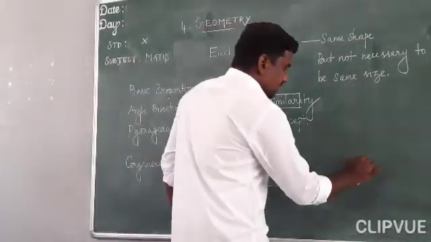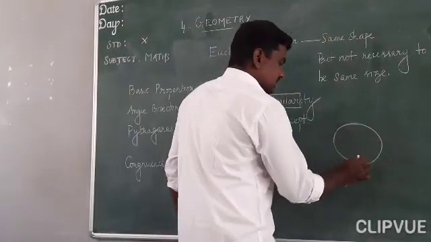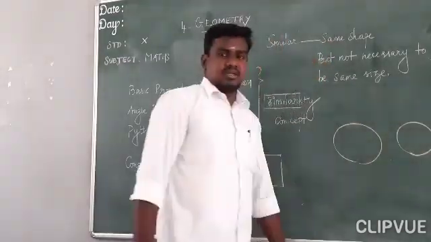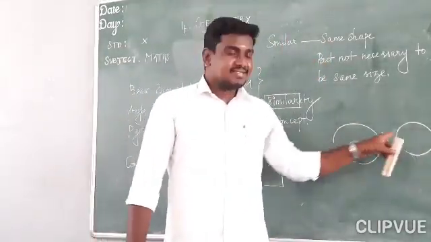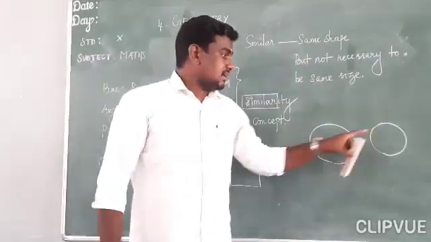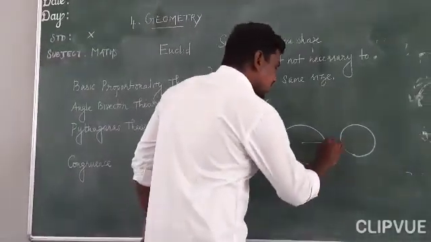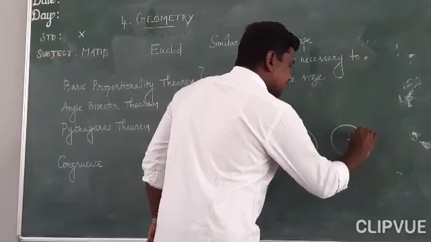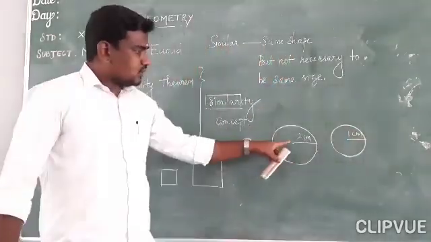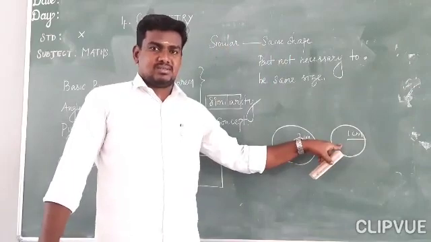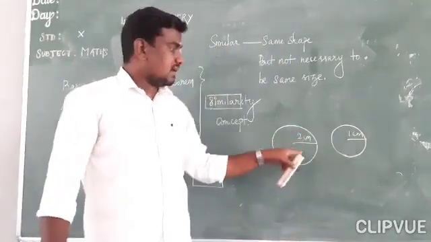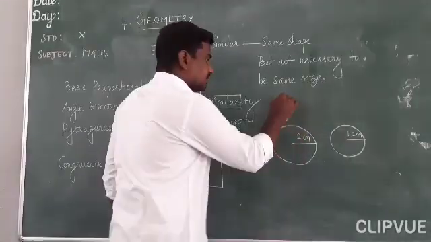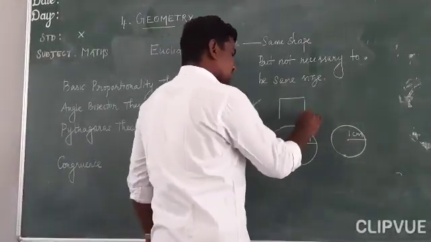For example, circles. I took two circles. They are the same shape, but the radii are different: it is 2 centimeter, it is 1 centimeter. Can we say the two circles are congruent? No, we cannot say that. They are not congruent, but they are similar. Now squares.